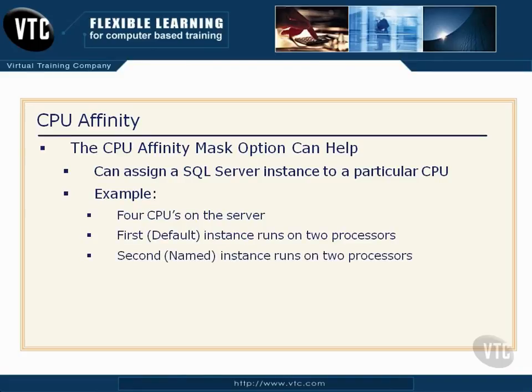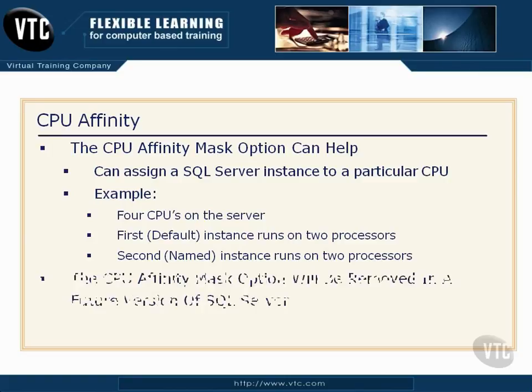Then the second instance is going to run on the next 2 processors. Again, I'll use the mask option to assign that. Now the first one always uses those 2 processors. The second one always uses the last 2 processors. And we don't get into this really bizarre multiple processor switching mess that starts to slow everything down.